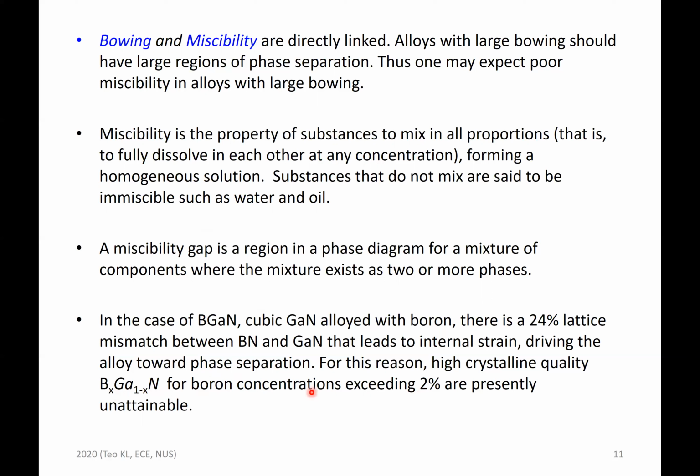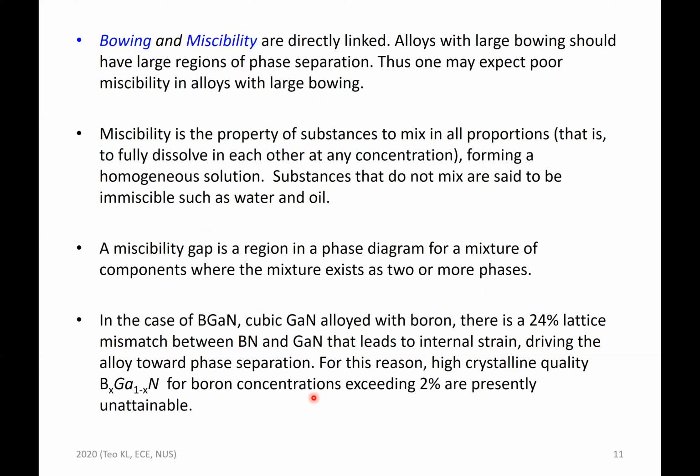Basically, the boron itself, at most you can grow is 2%. If you try to grow more than that, then by changing the composition, you are growing more boron, changing the lattice constant of the alloy, and this will induce strain, and strain will drive dislocation.